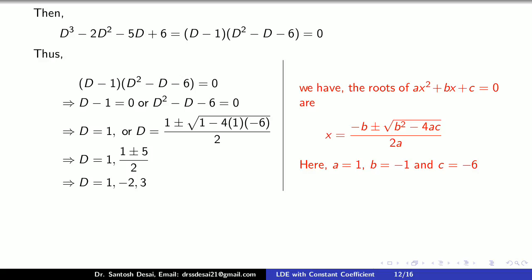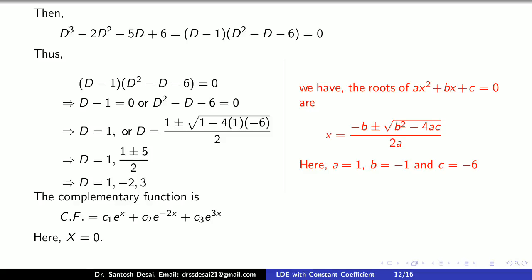Here all the roots are real and distinct. So therefore the complementary function CF is equal to c1 e raised to the first root 1 into the independent variable, plus the next constant c2 e raised to minus 2x, plus the next constant c3 into e raised to 3x.